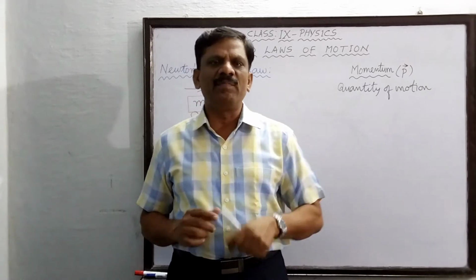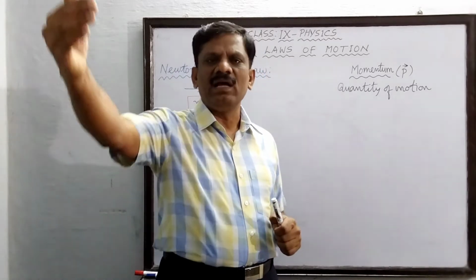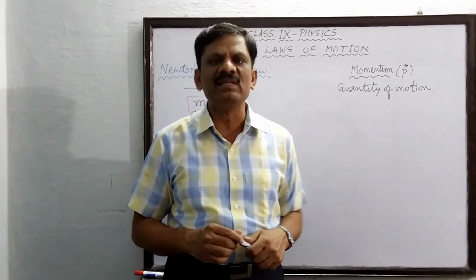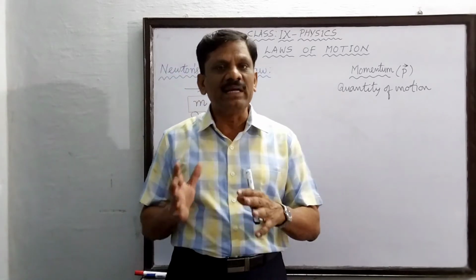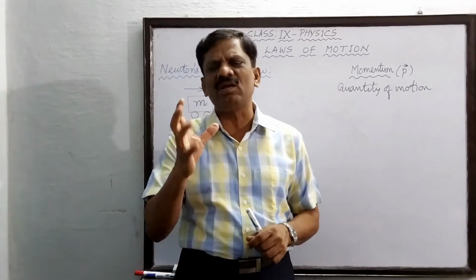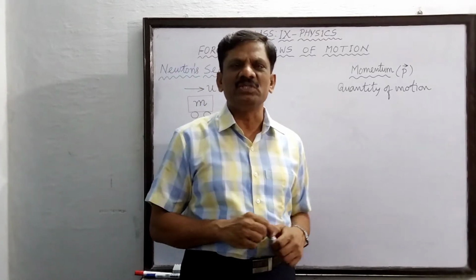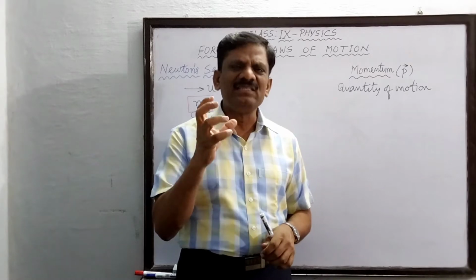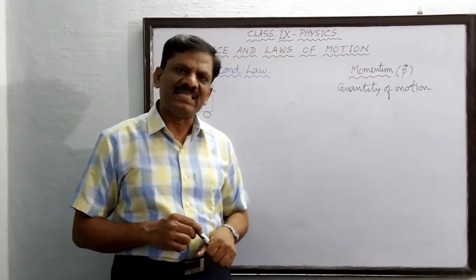The car will stop almost immediately, but the train will move over a kilometer or more ahead, and only then will it stop. Why? Because stopping the train requires a greater force, is it not? Because a lot of momentum, or a lot of quantity of motion, is associated with the train. This quantity of motion associated with a moving body is called momentum.